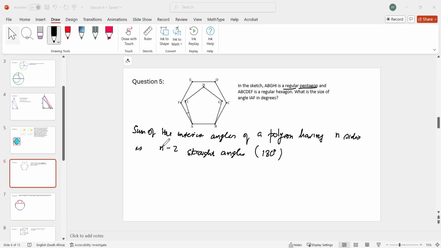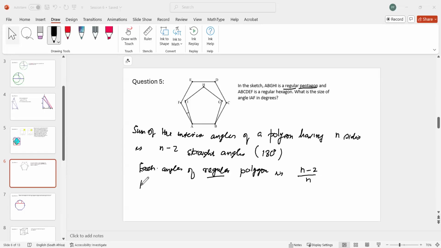So each angle of a regular polygon, all the angles are equal, and the sum of all those angles is n minus 2 straight angles. So each is n minus 2 divided by n, because you've got n sides in a polygon, and therefore there are n angles. When you add up those n angles, you get n minus 2, so each one is n minus 2 over n.